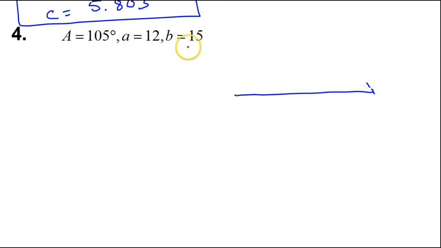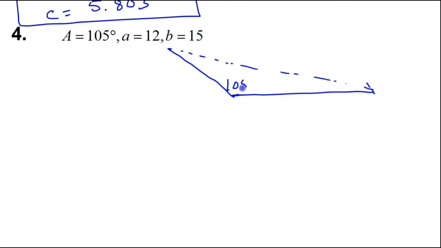Okay, so this is going to be an obtuse angle like this. Okay, and so here is going to be my other side.